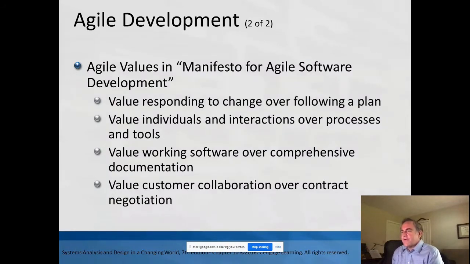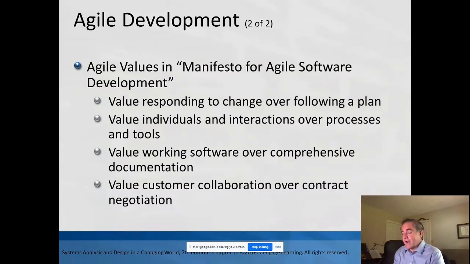So the focus is not so much following a plan, but being able to respond to change. So there is a plan, but it's not overriding. It focuses on individuals and the way they interact instead of just the processes and tools. And it wants something that works.